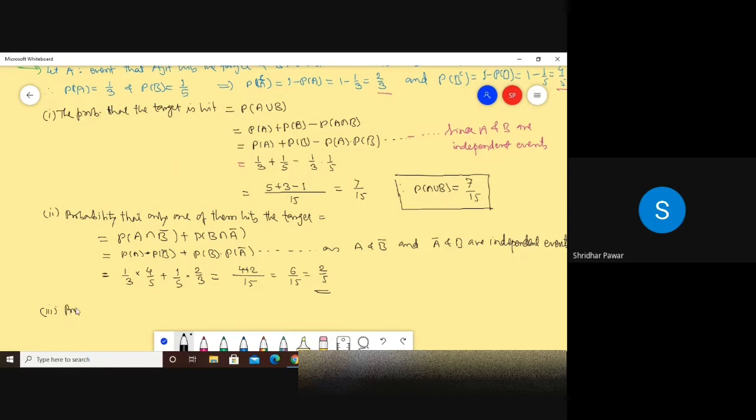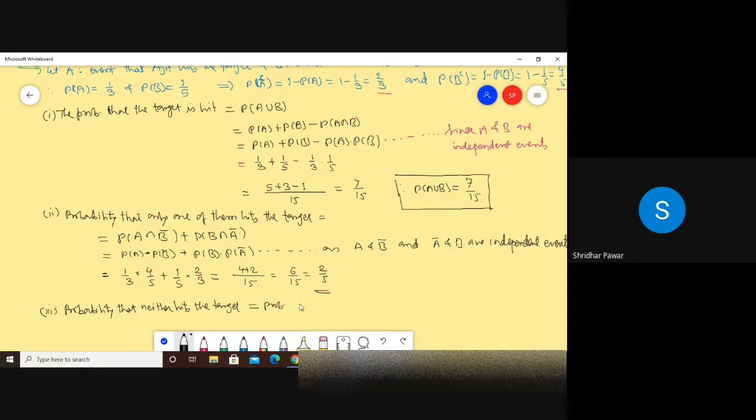Probability that neither hits the target, किंवा टार्गेट इज नॉट हिट. म्हणजे काय, A does not hit the target.